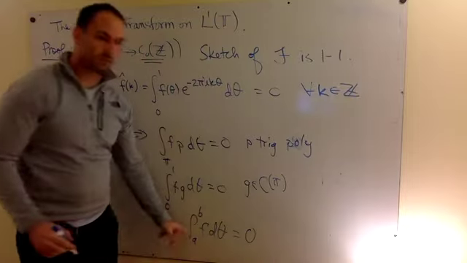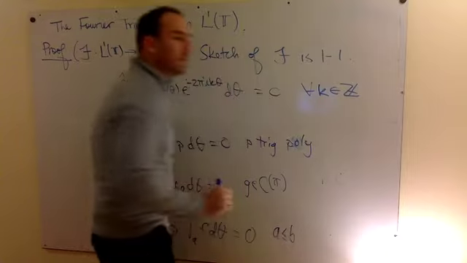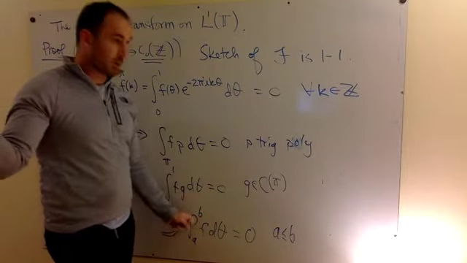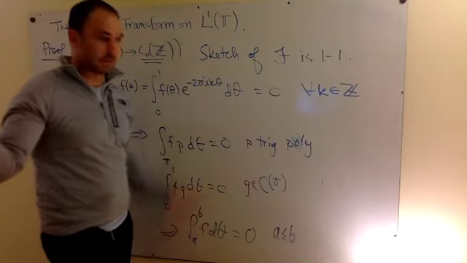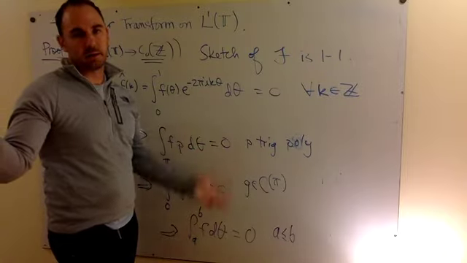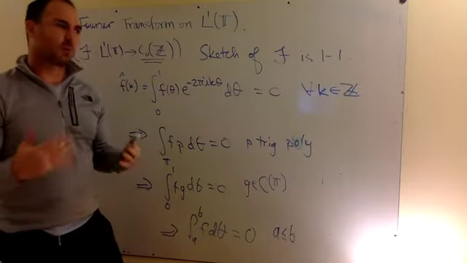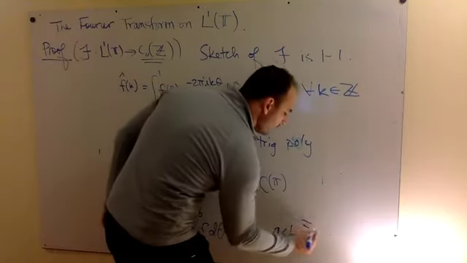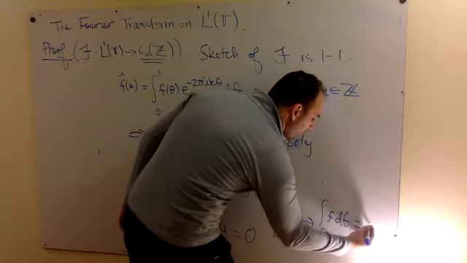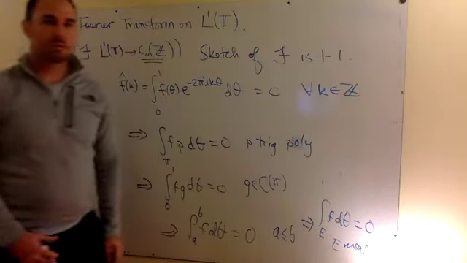I get 0 for any a and b. And that does it. You can approximate any Lebesgue measurable set by a finite union of intervals, and then you get it. It works for any measurable set, and once you have that, this is 0 for any measurable set, that means that f is 0 almost everywhere.